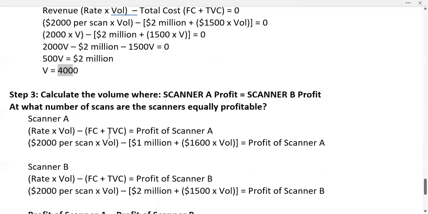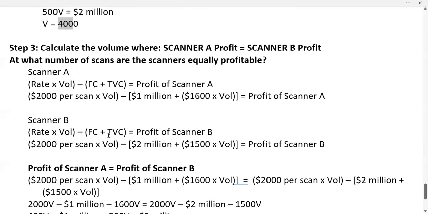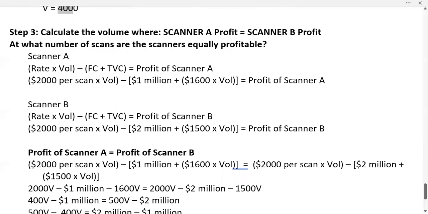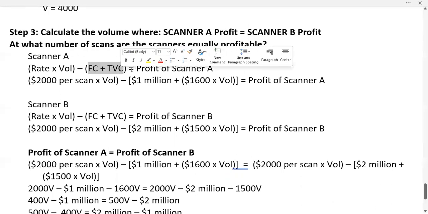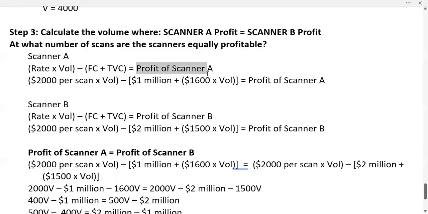Lastly, the scenario is asking us to calculate a situation where the profit for scanner A equals the profit for scanner B. Or as the question asks, at what number of scans are the scanners equally profitable? We know that to calculate profit, the formula is rate times volume minus fixed cost plus total variable cost equals the profit for scanner A, and similarly for scanner B. At this point, we do not know the volume.